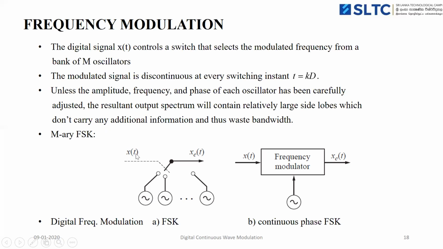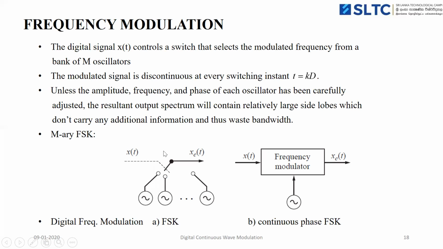The incoming signal x of t controls the switches of this frequency modulator. Depending upon the incoming x of t, the switch will be connected to the respective local oscillator. In this way, the FSK modulated signal will be generated. So the digital signal exactly controls the switch that selects the modulated frequency from the bank of n oscillators.